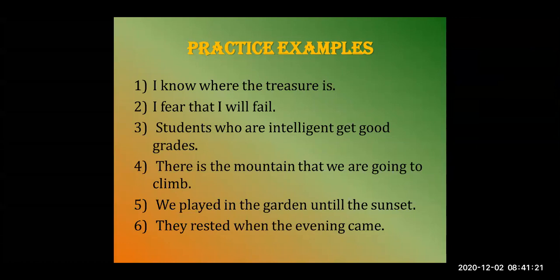Here again, played is the verb. Until the sunset, until is a subordinating conjunction starting the clause. This is an adverb clause, which modifies the verb played and tells the action of playing.